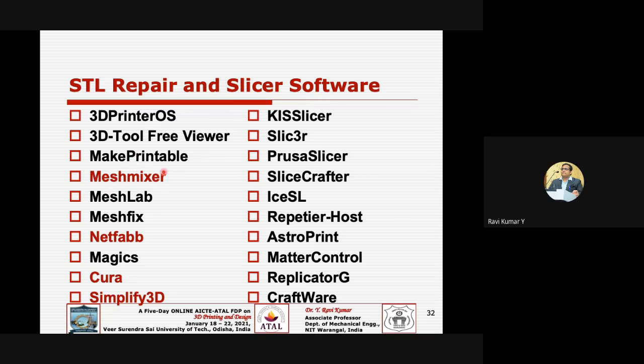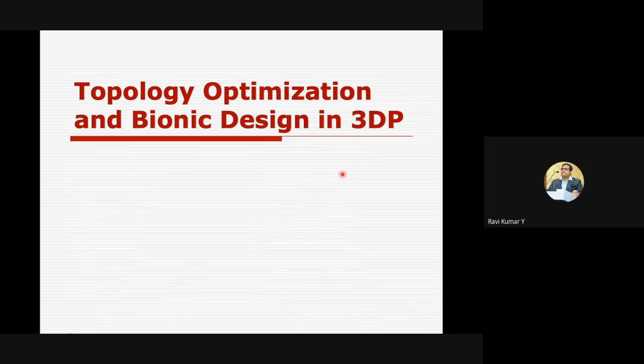MeshMixer is open source software for doing STL repairs, and of course Netfabb. Magics is proprietary software; of course, we need to buy it from Materialise, Belgium, but the others are open source. Cura is also open source software, exclusively for FDM-based DIY kind of printers. And you may have other open source slicer software also.